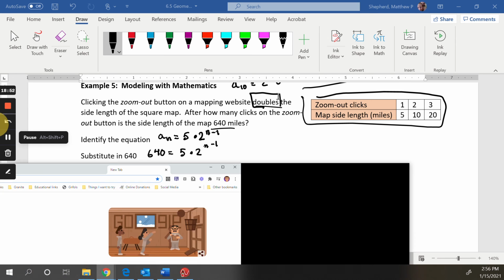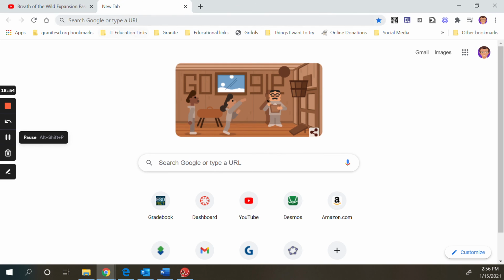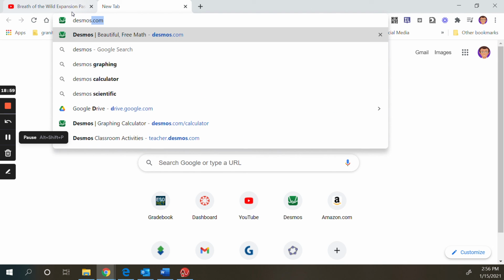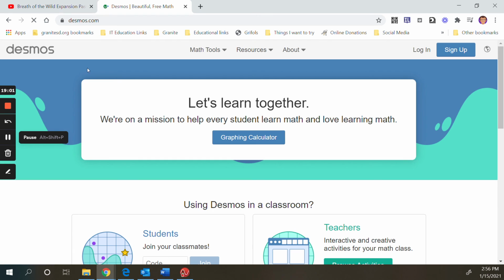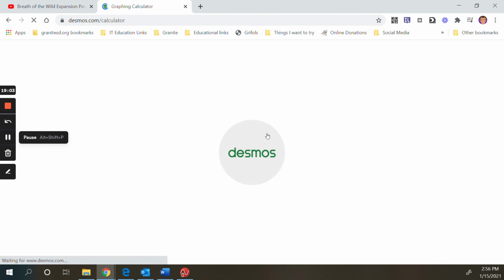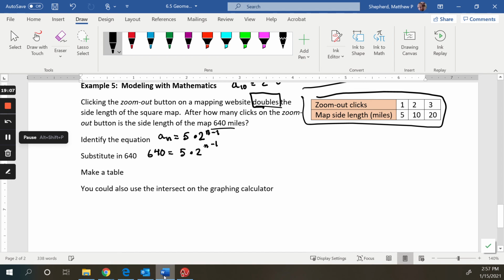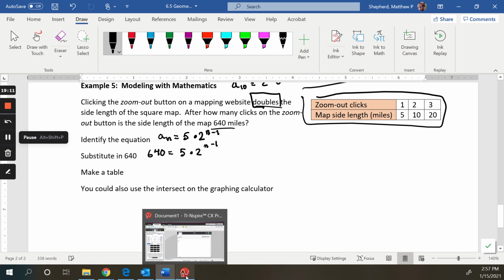So for this purpose, so that students who are not in class could also use this method, I'm going to show using Desmos. So just go to desmos.com and start that up. So our equation was 5 times 2 to the power of n minus 1.